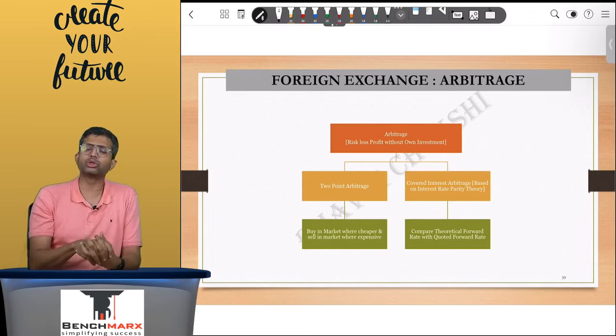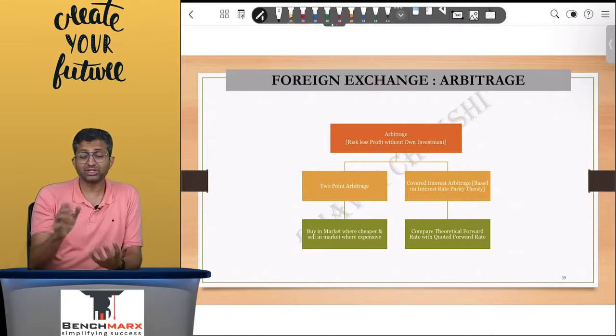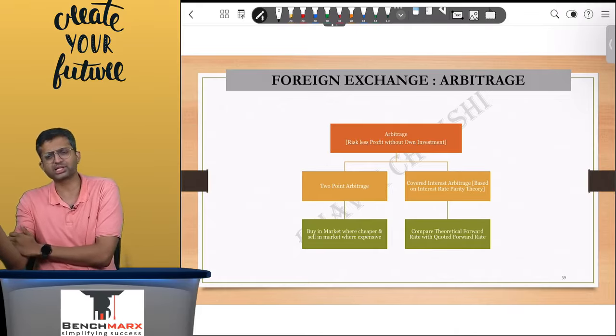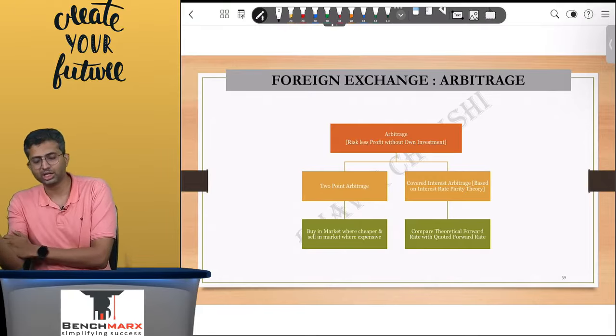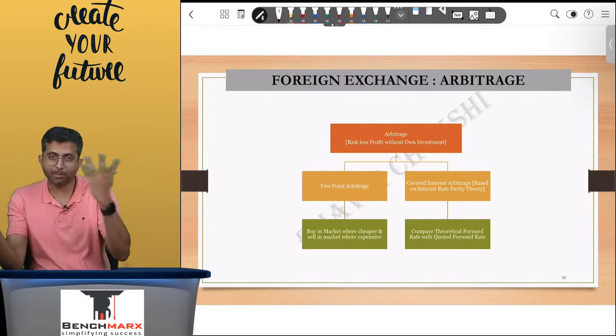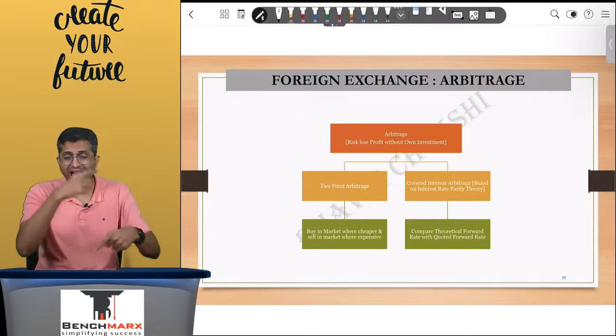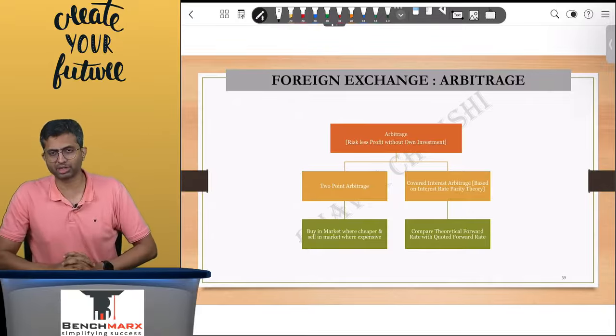Theoretically they should be worth only 52 or 53, in which case I can exploit arbitrage. If I'm getting a chance to sell at a higher price, I will sell in the forward market. So I will sell in the forward, then I will buy in the spot market, borrow and have a covered interest arbitrage position.